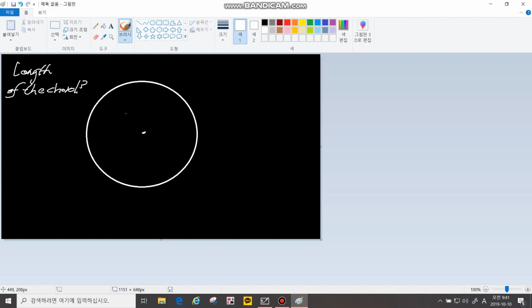First, let me explain what chord we need to get. So this is a circle whose radius is 2, and we need to get the length of this chord here.